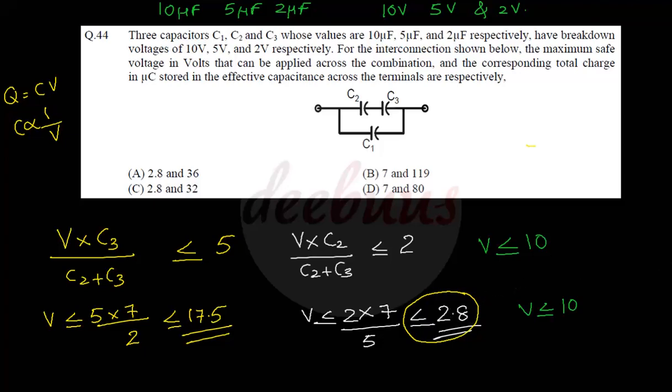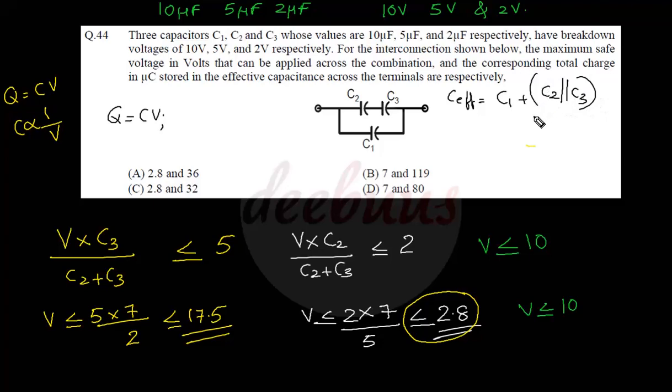Right? Now we have to evaluate what will be the total charge in microcoulomb stored in the effective capacitance across the terminals. Right? We know charge Q equal to C into V. For that, we have to evaluate the effective capacitance. So C effective equal to C1 plus C2 parallel C3.